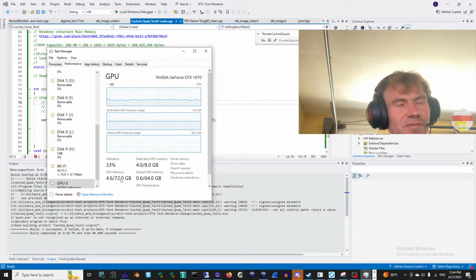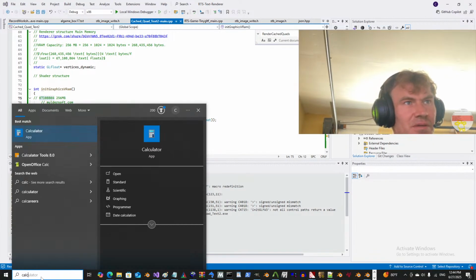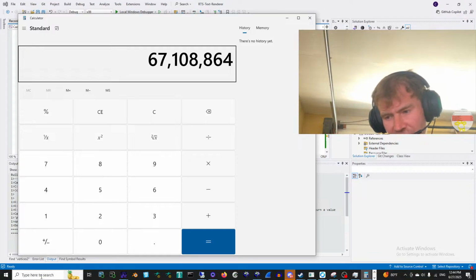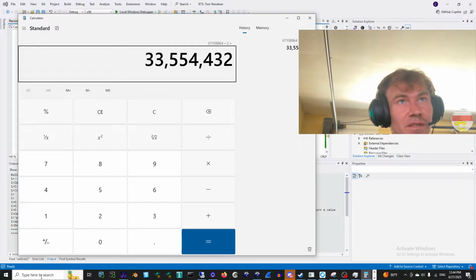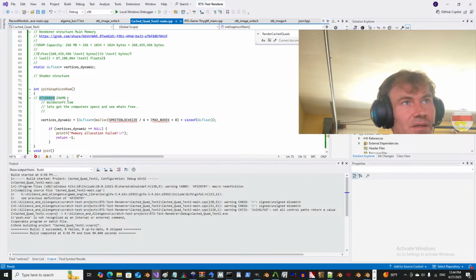It never goes over 8, really. I noticed. So I felt like taking this number, which is 256 bytes, or floats, or whatever, and dividing it by 2 initially. That would be my initial number, 128 megabytes of VRAM.